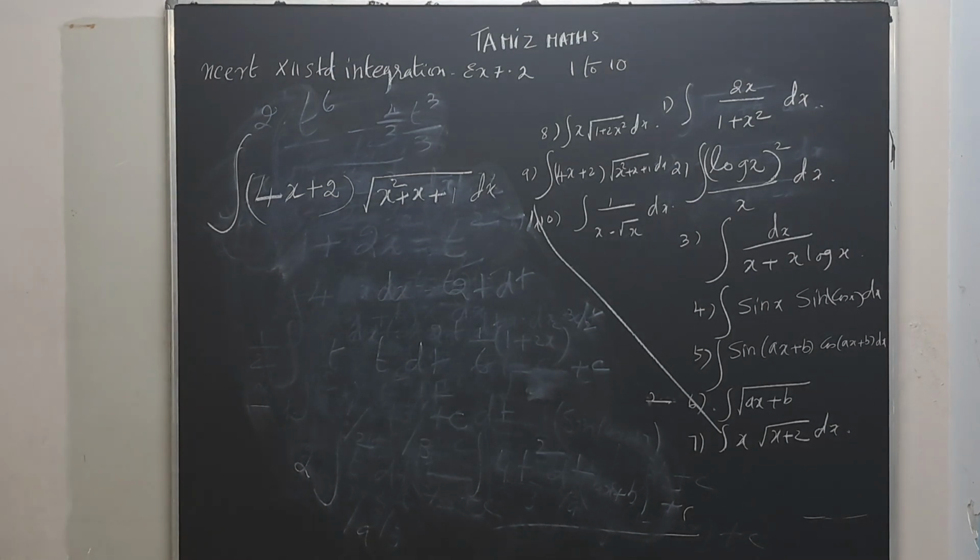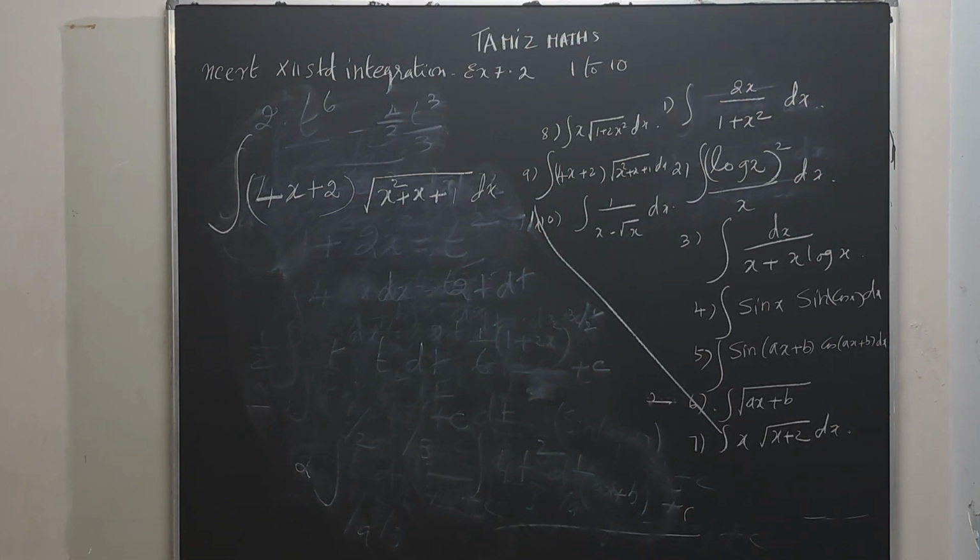Integrate this. What will be derivative of x square plus x? 2x plus 1.